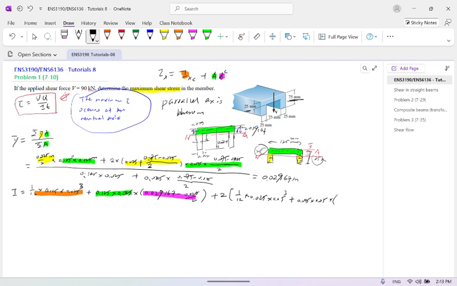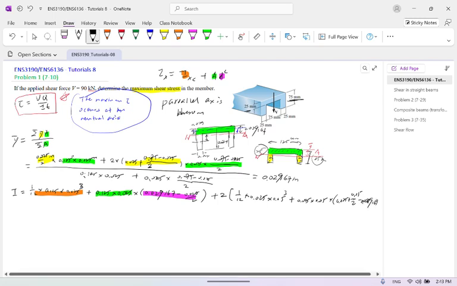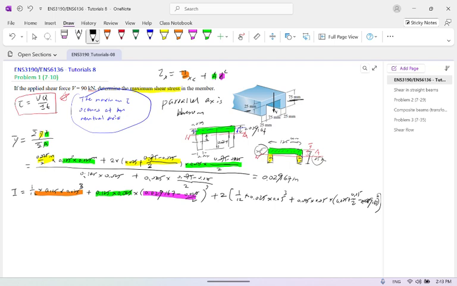So that means 0.025 plus half of 0.05 minus 0.029167. So that's for here. Okay, squared. Remember, there's a square for this one. Don't forget the square.